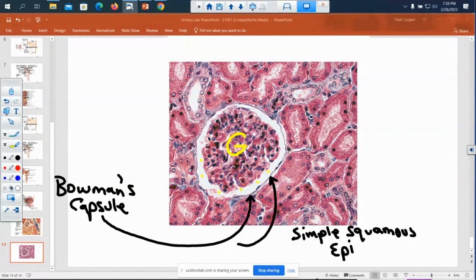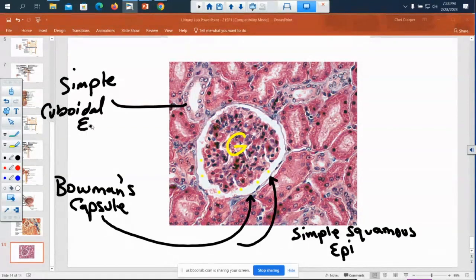Most of the tubules are this. Who can tell me what that is? Most of the tubes are cuboidal. See, that's cuboidal, that's cuboidal, those are cuboidal.